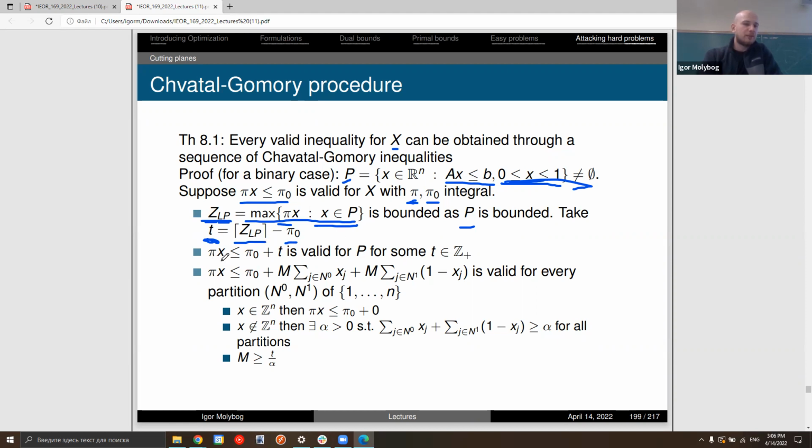So pi X is less than or equal than pi 0 plus T. This inequality must be valid for P for some positive value of T. For which positive value of T, it's basically this one.